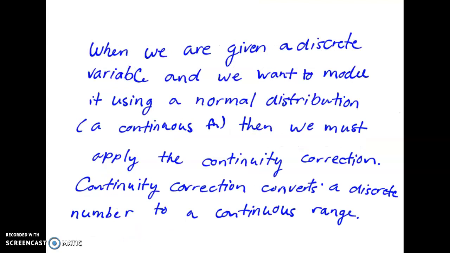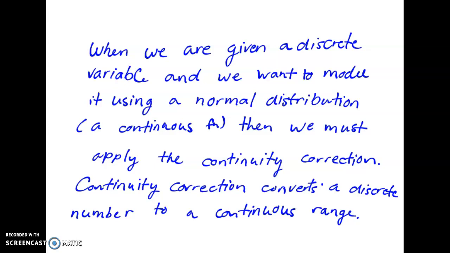So, whenever we are given a discrete variable and we want to model it using a normal distribution, which is a continuous function, we have to apply the continuity correction. Continuity correction converts a discrete number into a continuous range. Okay, and when we have it as a continuous range, then we're able to model it using our continuous normal distribution function.